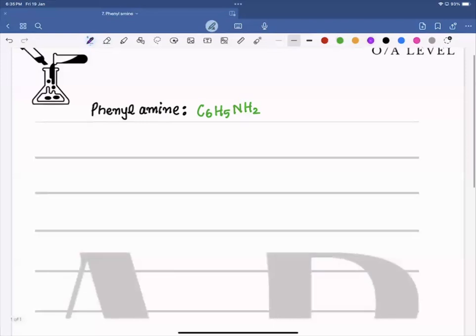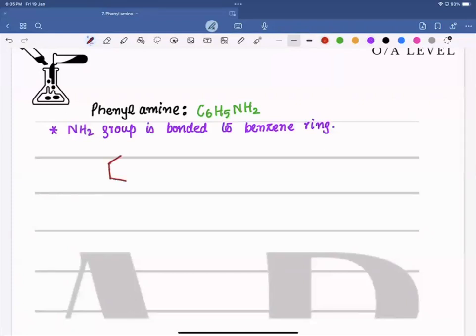So here in phenylamine, the NH2 group is bonded to a benzene ring.